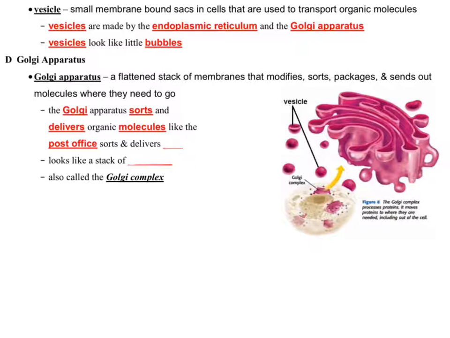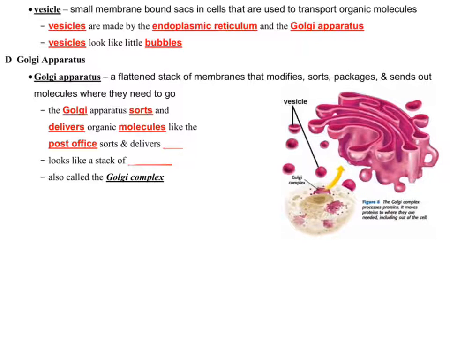The nucleus would be town hall or the mayor's office, governing everything. The Golgi apparatus is the post office. So basically the post office in Stony Brook receives letters from all over town. It takes those letters and it categorizes them or sorts them into different piles, essentially, and then it sends out those piles where they need to go.